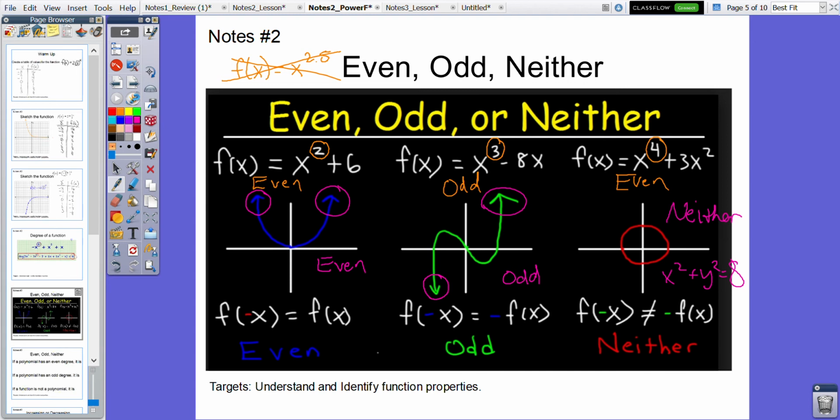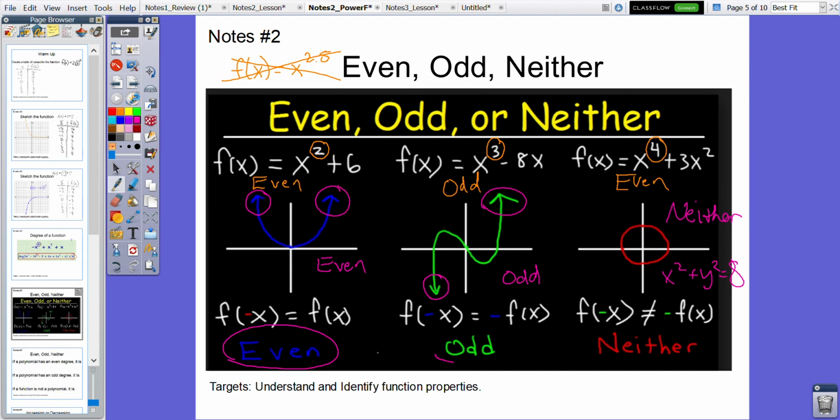Okay? Another quick rule here is that algebraically, if we have a function and we put in a negative number, for instance right here it says negative x, and we get the same value out as what positive x would be, that's one way we can also tell if it's even. Okay. Another way would be if we plug in a negative value and we get the opposite value of the function here.